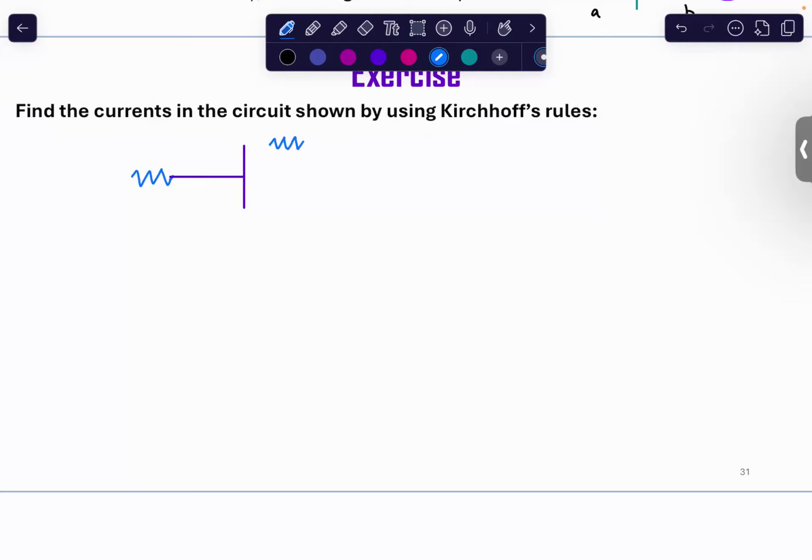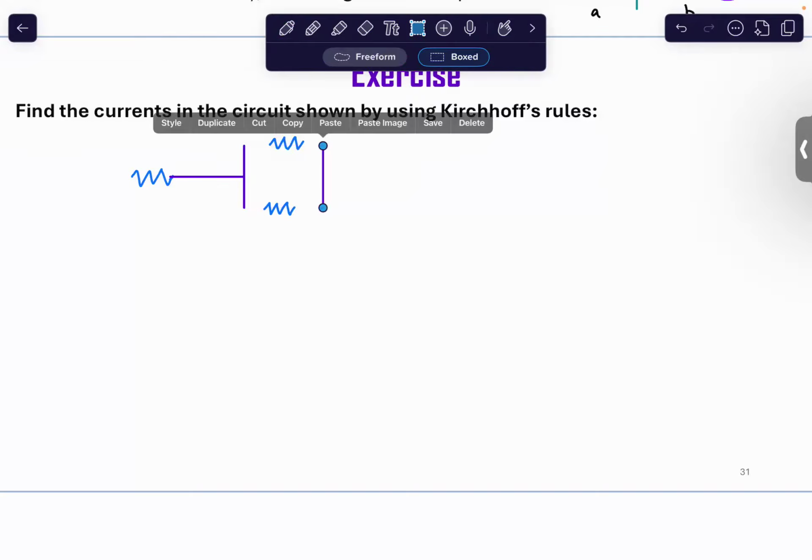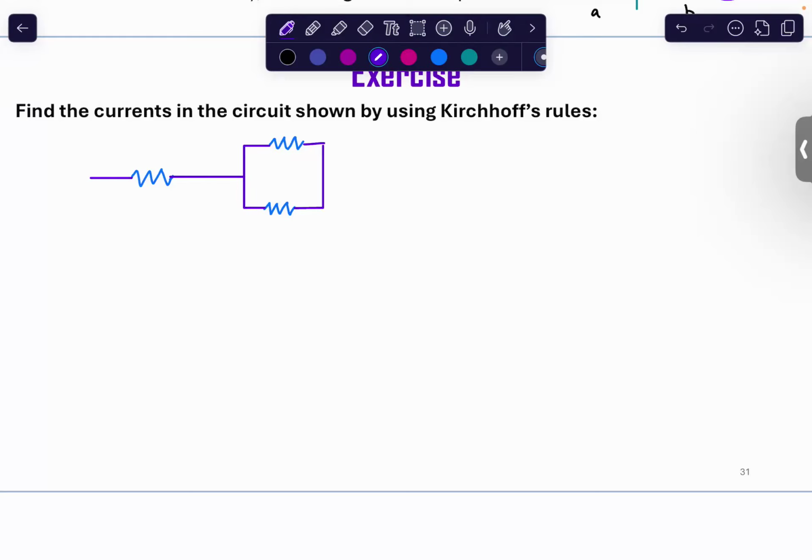We'll get a resistor on the top, resistor on the bottom. Okay. And then we're going to have our battery down at the bottom.